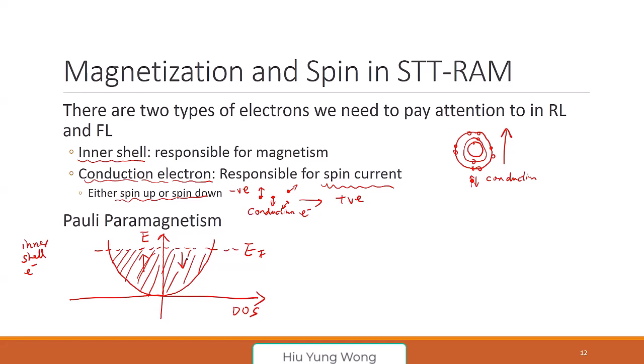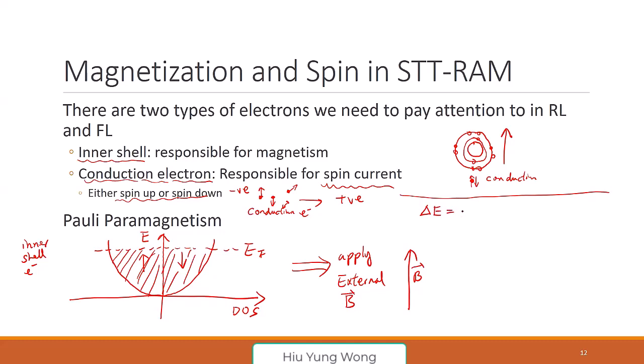Okay. Now, what if I apply an external magnetic field? Let's say I apply a magnetic field that is pointing upward. What will happen to them? Then there will be an interaction. Extra energy will be equal to negative magnetic moment dot the magnetic field.